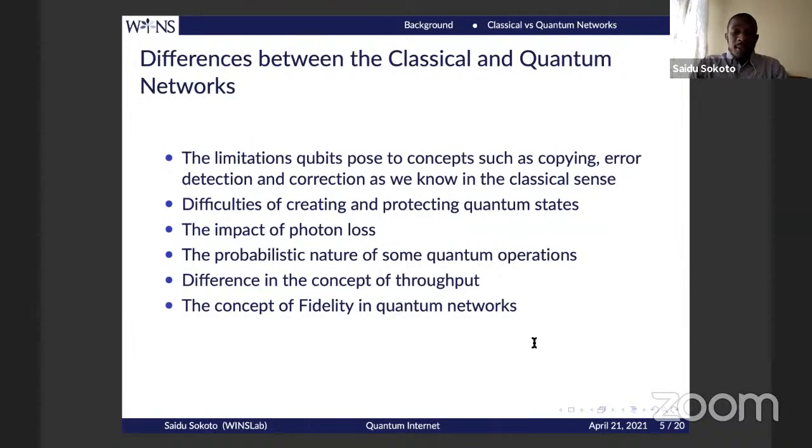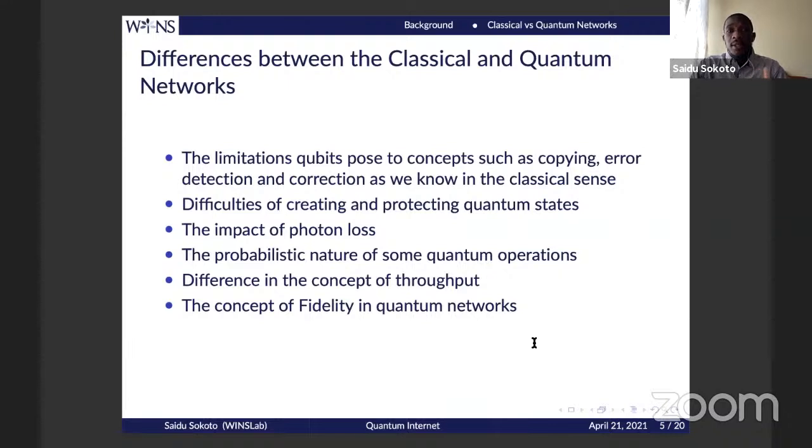I just recently mentioned the concept of fidelity in quantum networks. Applications have fidelity requirements that have to be met. These are all things we don't see in the classical sense. And these are things that make the quantum network different from the classical networks.